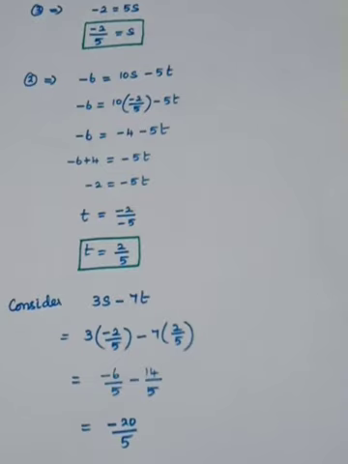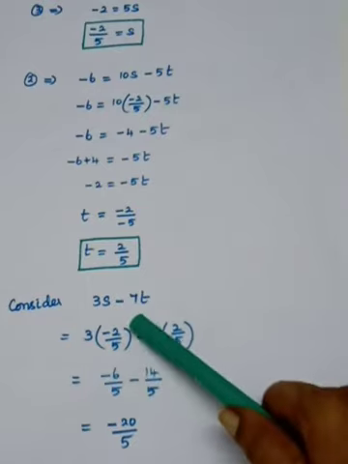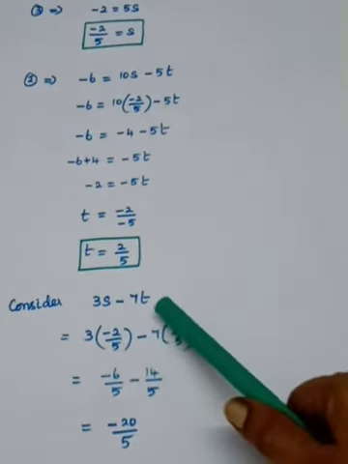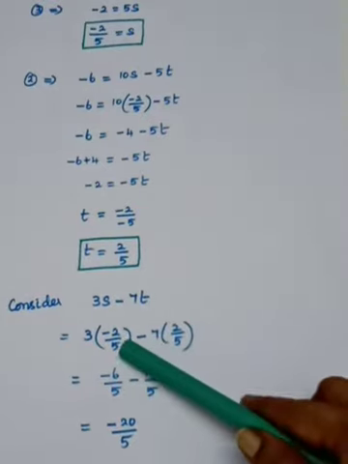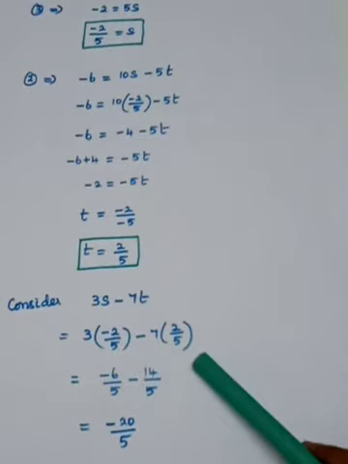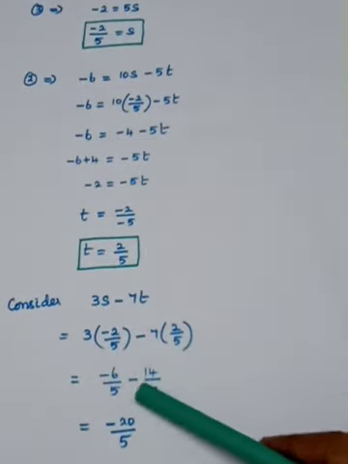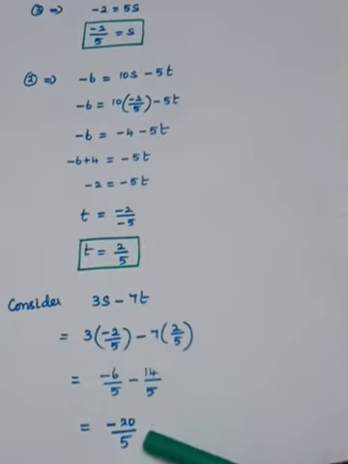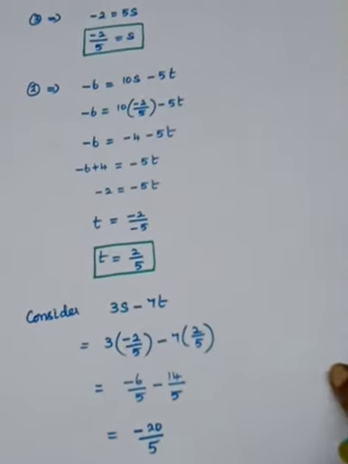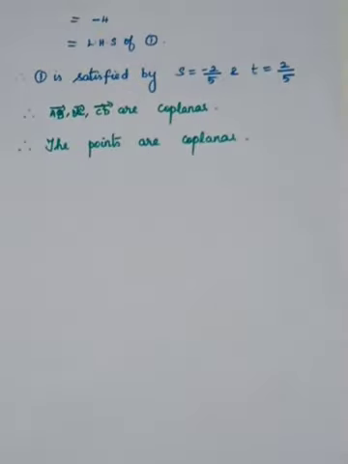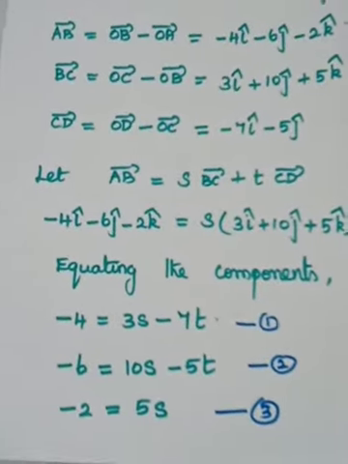Those values of s and t have to be substituted in the first equation. So consider the right side of the first: 3s minus t. Substitute s as -2 by 5, t as 2 by 5. That is -6 by 5 minus 14 by 5, that is -20 by 5. What is -20 by 5? That is -4. See the first equation, that is the left side of the first equation.